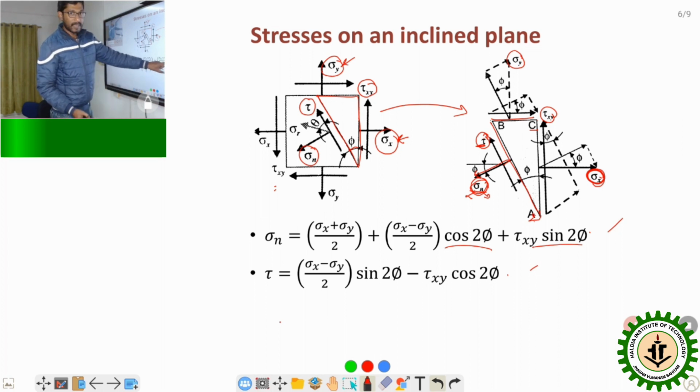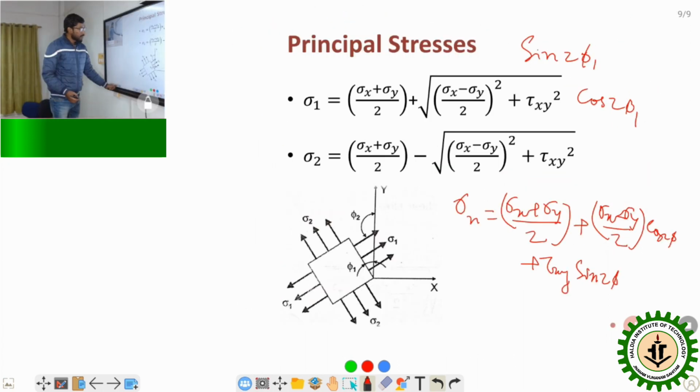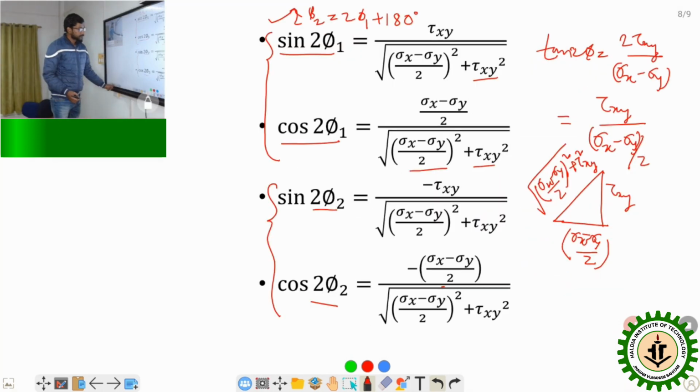So if we put the value of sine 2 phi 1 and cos 2 phi 1 in the expression of this sigma n, we will get the maximum normal stress.